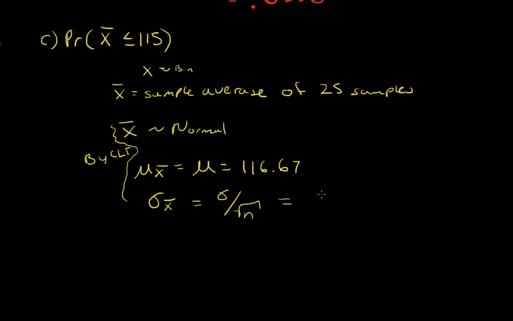Remember, sigma for x was the square root of 77.78. And n here is not the n for the binomial, it's the sample size for your x bar, so this would be 25. In other words, we can put this all under one square root. This is the standard deviation for x bar.